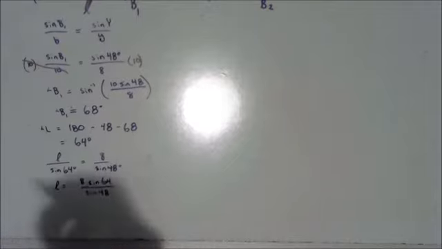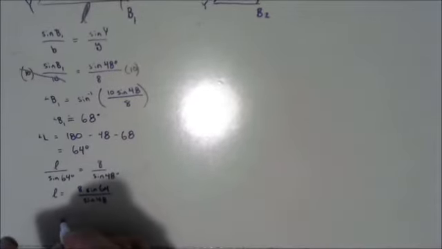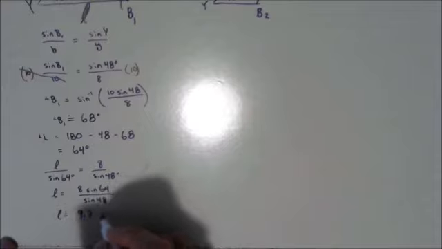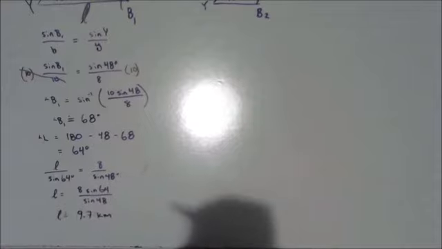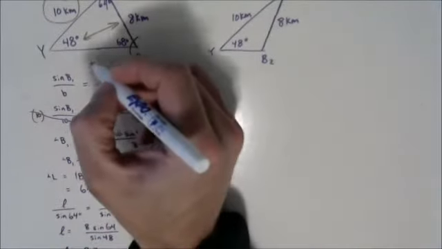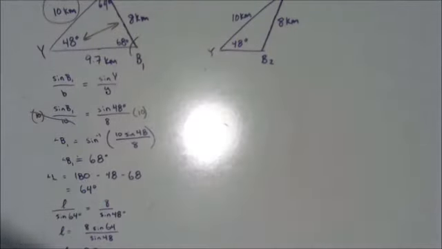You can do this in a couple of steps or all in one, but you will find that side length L is approximately 9.7 kilometers. So in triangle option number 1, the yacht and the boat are 9.7 kilometers away from each other.